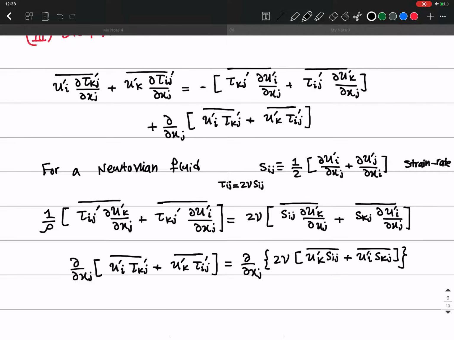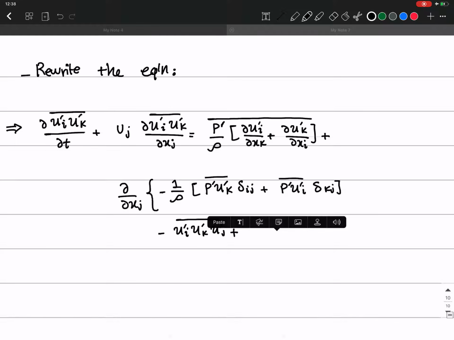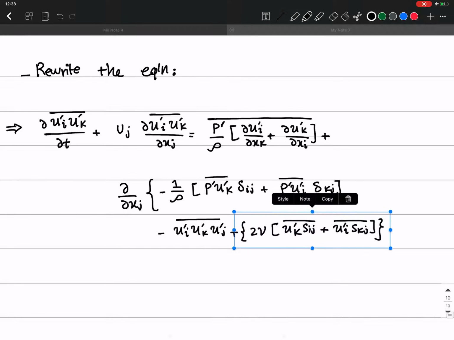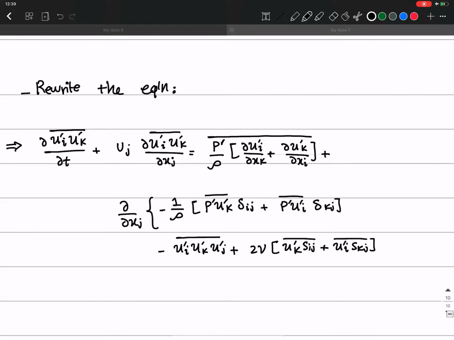Okay, so I can just write this down. And so let me write this here now. So we have plus 2 nu Sij u prime k u prime i Skj, right? So this is also from the third term, which is the dissipation term.